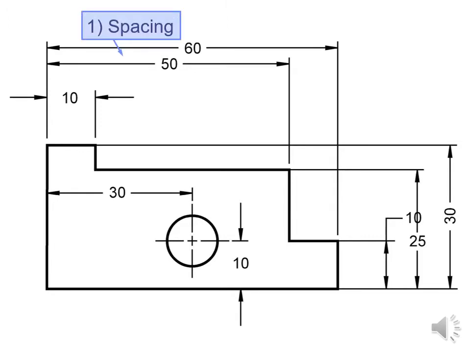So the mistakes we see are the distance between these two dimension lines is pretty small, and then this next one, the gap is pretty big. Different type of dimension here, this is with the text between the arrows, but nonetheless, the distance between this is the dimension line, this is the dimension line, that distance needs to be equal to this distance.